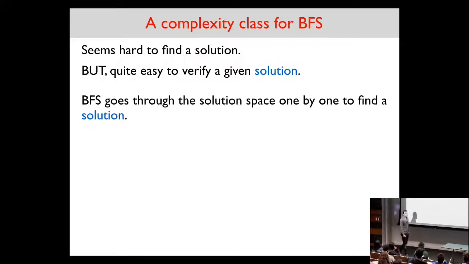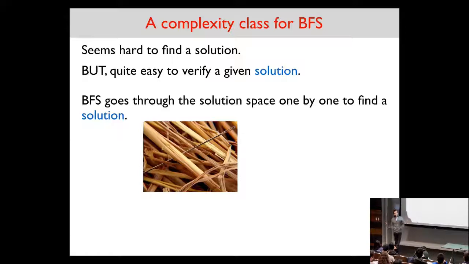Okay, so what does brute force search do with these problems? It basically goes through all possible solutions or proofs, one by one. There are exponentially many of them, but it goes through them one by one to find a solution. The space of all the proofs is like a haystack, and the proof is like a needle. You're trying to find this one proof in this big haystack.